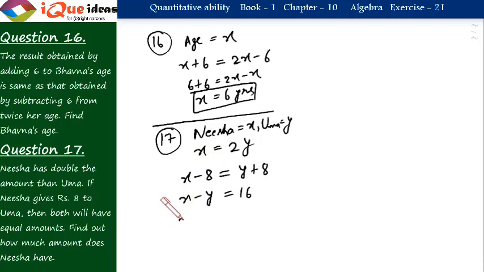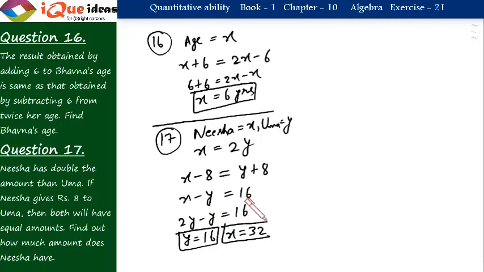So you will get 2Y minus Y equal to 16. Hence Y is equal to 16. And this means X is equal to 2Y, that is 32. So the question says find how much amount does Nisha have. The X value is the amount of Nisha. Simple question.